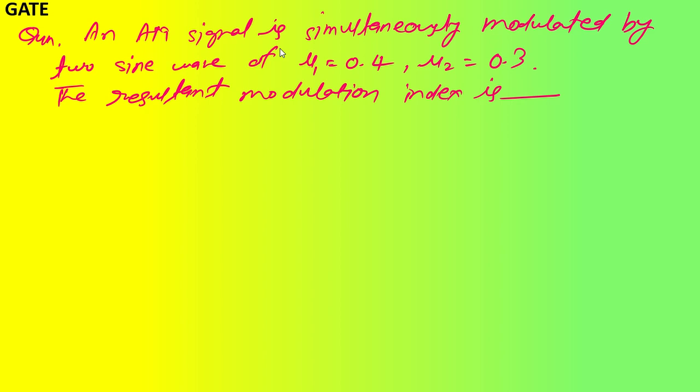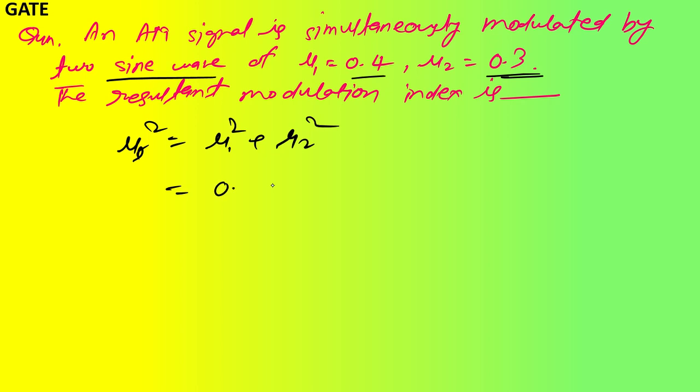An AM signal is simultaneously modulated by two sine waves. One is mu1 equal to 0.4, mu2 is equal to 0.3. We have to find out the resultant modulation index. I had told you the resultant modulation index mu t square is mu1 square plus mu2 square. So 0.4 square is 0.16 and 0.3 square is 0.09.